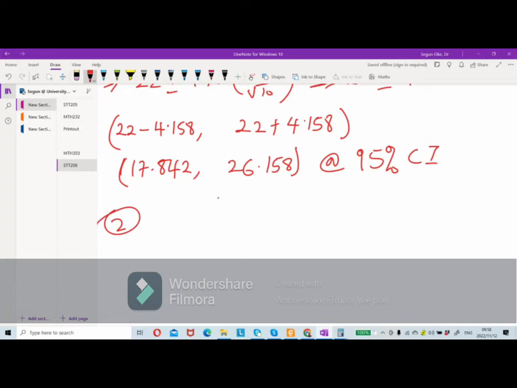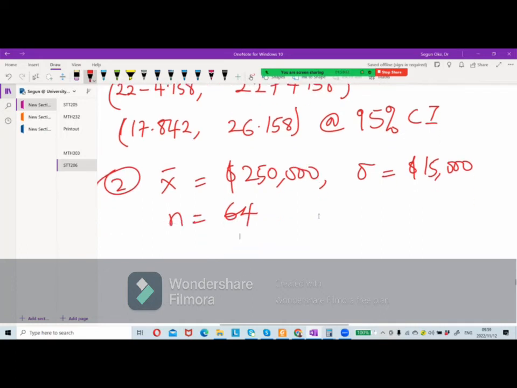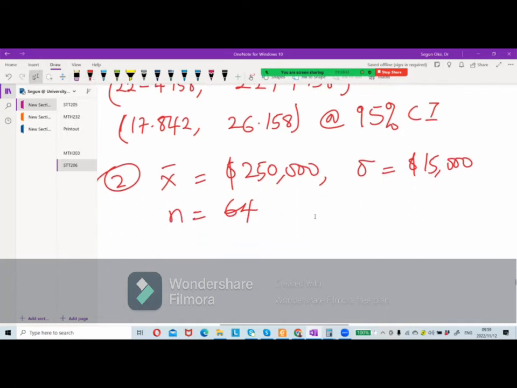Our X bar in this number 2 is $250,000. Our sigma is $15,000. Then your n is equals to 64. So what is your value? Because they can give you this in your exam and ask you to solve.